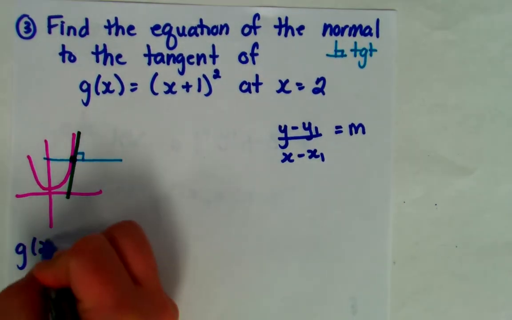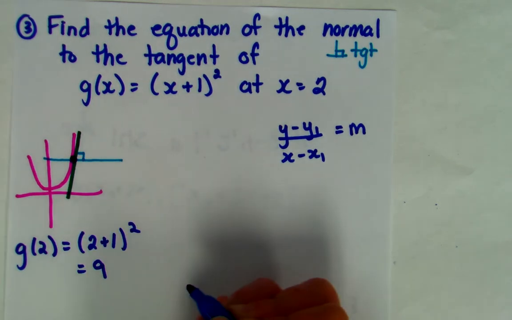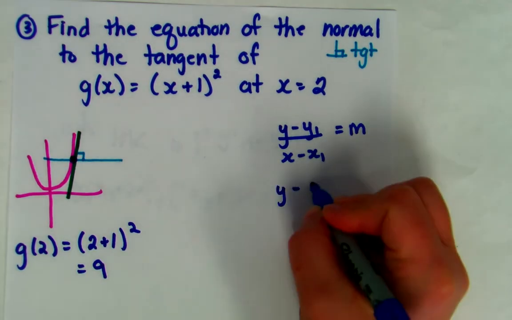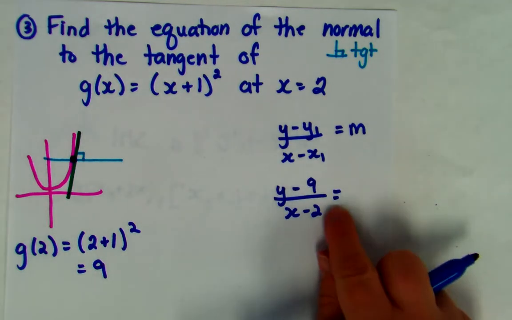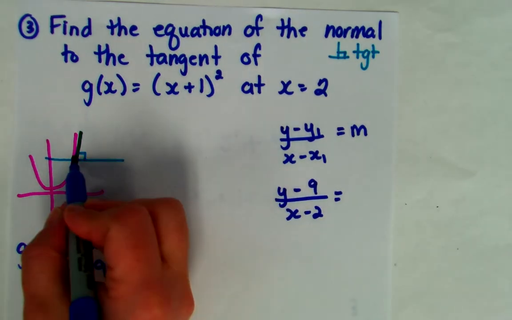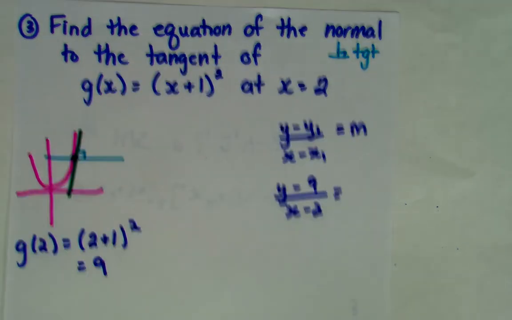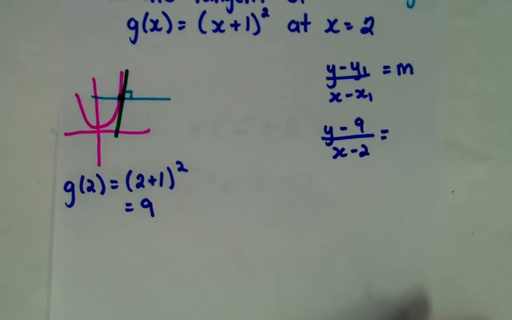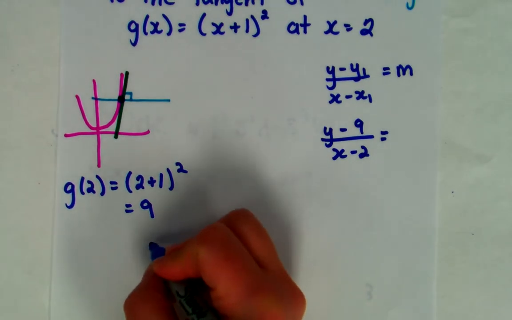So g at 2 is 2 plus 1 squared, which is going to give me 9. So that's the first piece of information I have, because the normal and the tangent both go through that point. The only difference is the normal is perpendicular. Well, in order to find the slope of the normal, I'm going to find the slope of the tangent. The slope of the tangent comes from g prime.